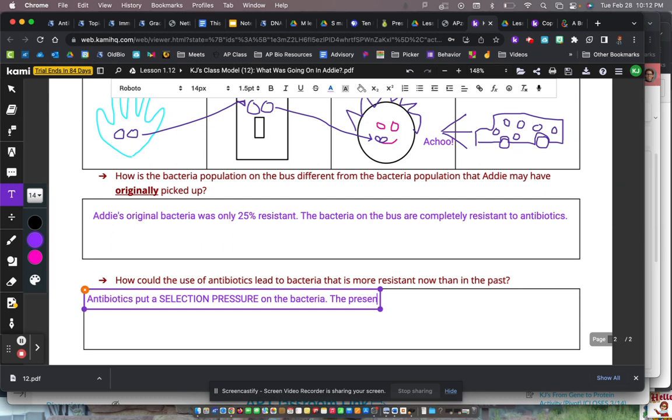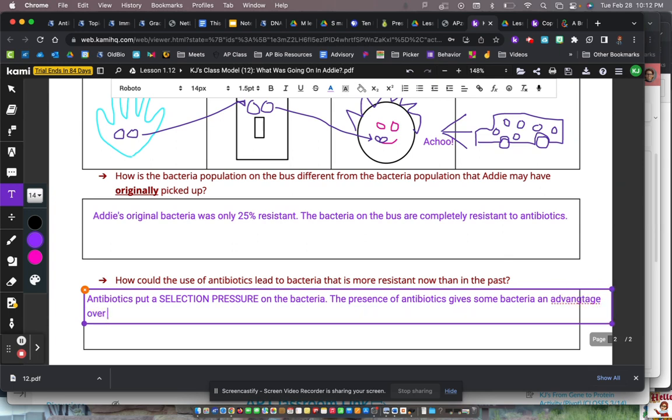So the presence of antibiotics gives some bacteria an advantage over other bacteria. Antibiotics wipe out not-resistant bacteria.